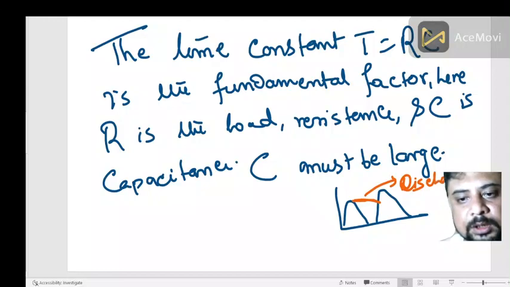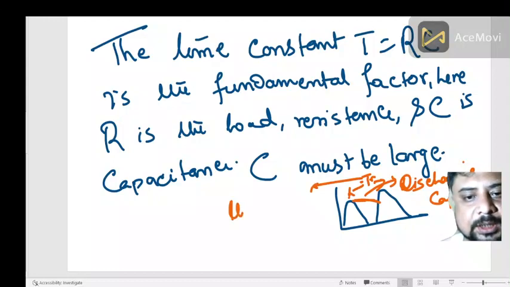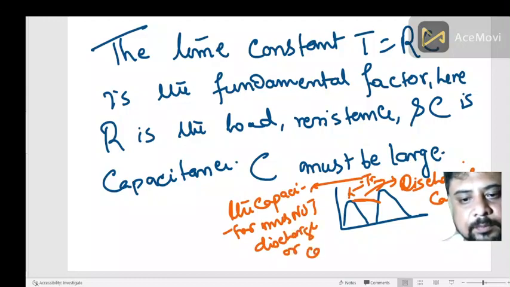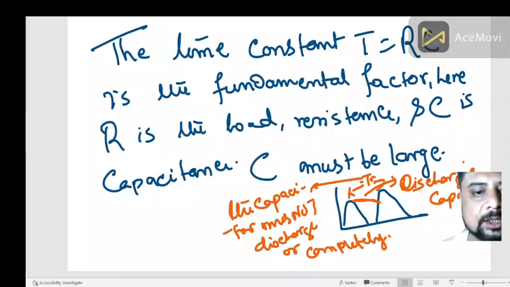It is a line going down a slope. During this time interval between two peaks, the capacitor must not discharge completely.